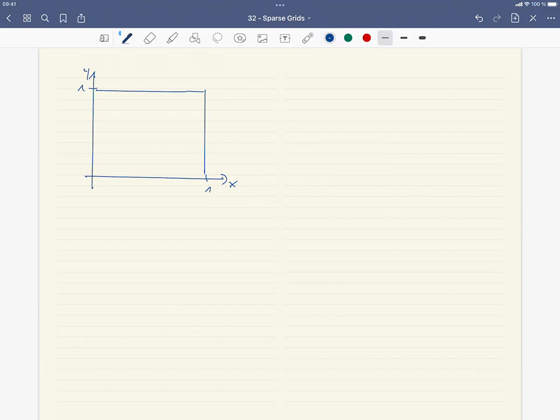So if I now have level L equals 1 in both directions, then we have these 2 points here, and this point in addition. And what do we get in addition if L is equal to 2? Well, I have those points, but I have now level 2 in the x direction, cross level 1 in the y direction. That adds up to 3.